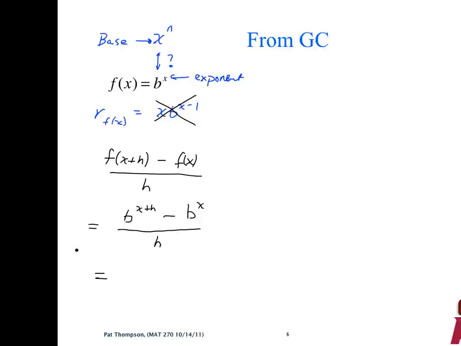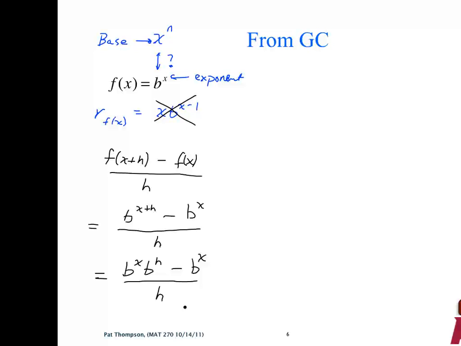So really we're multiplying b together how many times? X plus h times, which is the same as multiplying b together x times, and then multiplying it by h more times, right? Isn't that what that is? That should make sense.